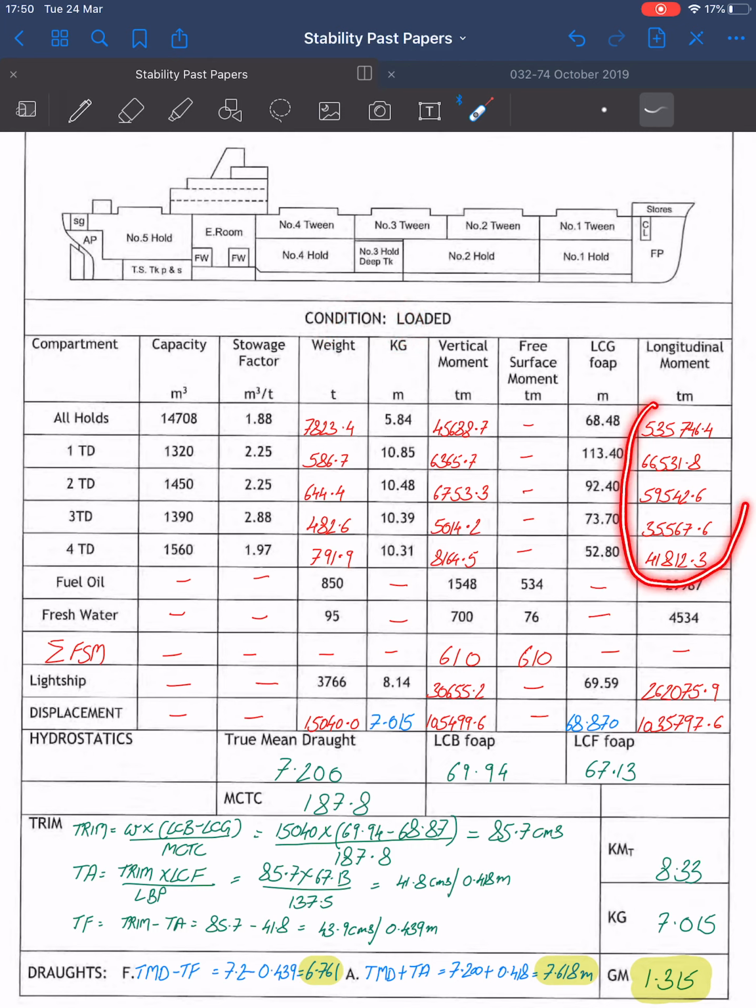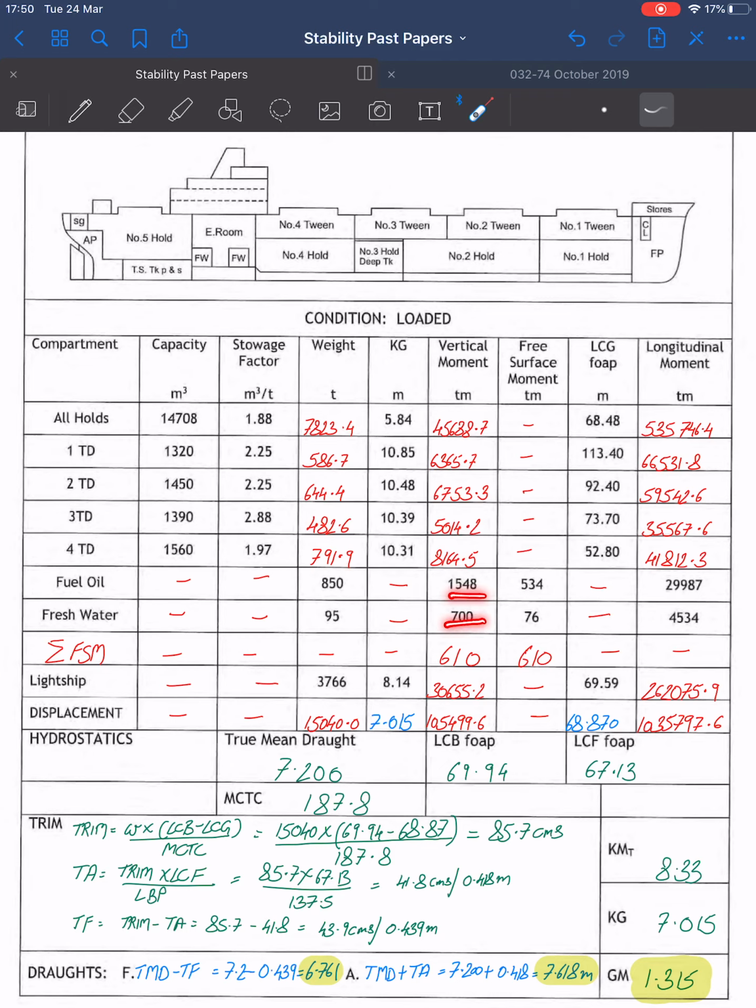All these longitudinal moments have been obtained by multiplying weight times the longitudinal center of gravity. When we look at fuel oil and fresh water, we have not been given any capacity or any stowage factor. All we have been given is just the weight for each of them.